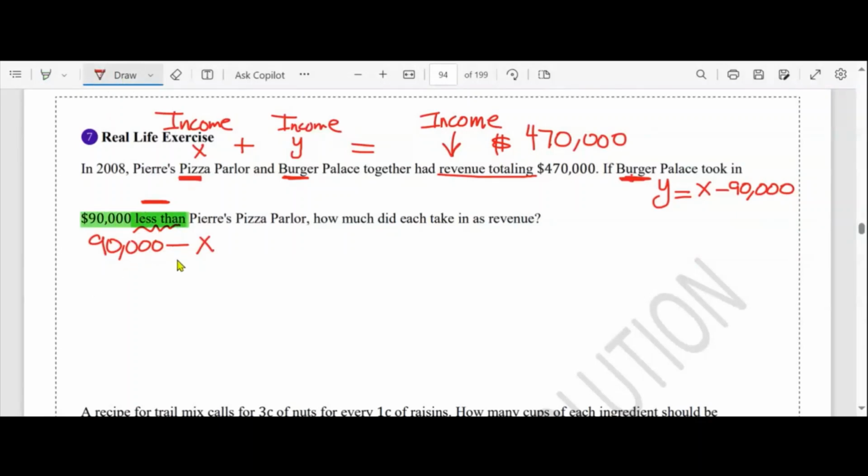So you have to move this here and move this here. Is this clear? So in this case, it's going to be X minus 90 equals Y. So that's one step. What about the other one? We have X plus Y equals what?